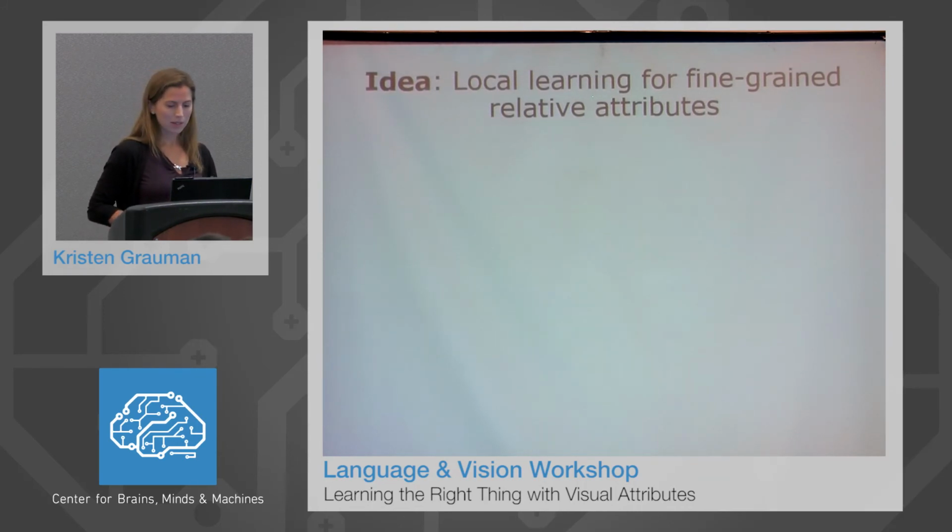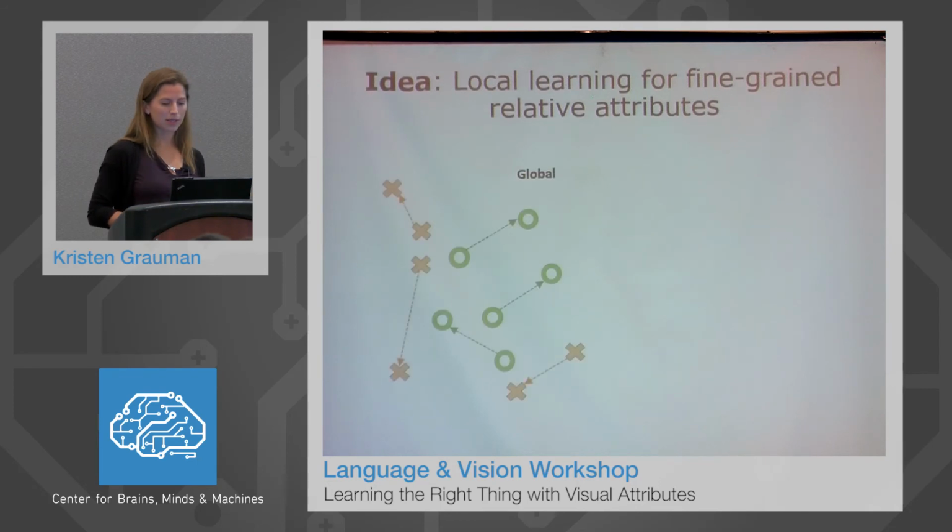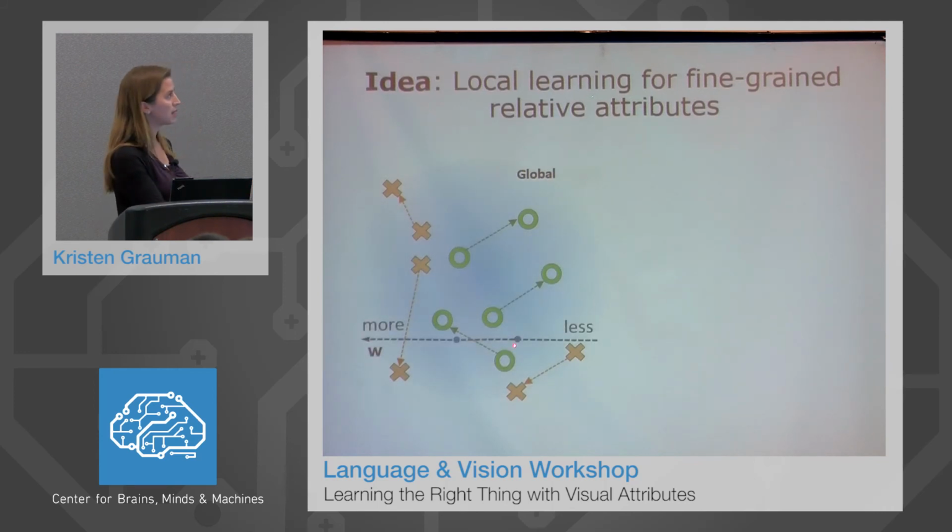Okay. So let me just briefly overview what that model looks like. Let's contrast this with what we would traditionally do, which is to learn a global ranking function. So again, all the training instances are pairs of data saying that A has it more than B. And if you were to learn a linear ranking function from data like this, in this cartoon, intuitively, for some test pair here, asking about the comparison with these two, it's going to be kind of overwhelmed by the distribution of very different kinds of training pairs and learn the common denominator that just lays out that global spectrum but doesn't get so well the fine-grained differences.